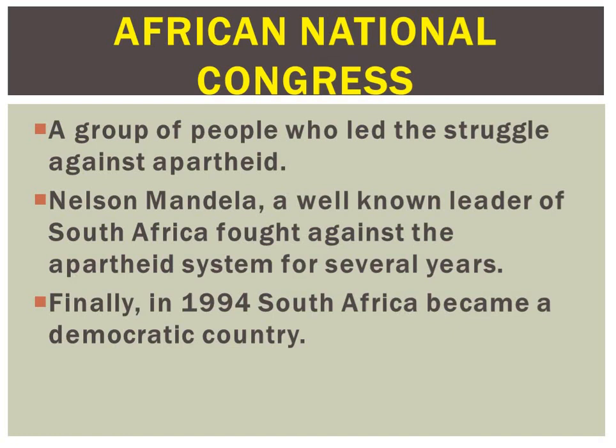So he fought against the apartheid system, in which the separation was on the basis of race. Finally, in 1994, South Africa became a democratic country, and Nelson Mandela was the first black president of South Africa.